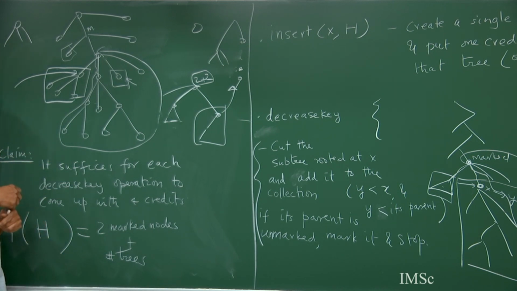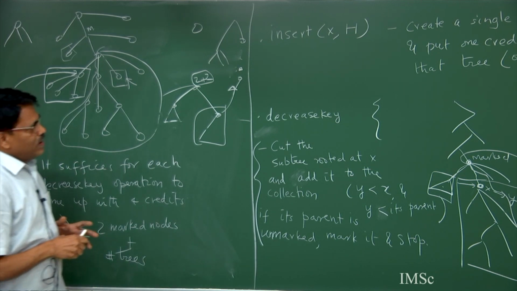Because these guys now become unmarked. So there is a 2L drop. But the number of trees increases by L. So there is a 2L drop, there is an L increase, and the actual cost is L. So everything cancels out. Okay, it's not L but L minus 1, and if you do the calculation, it will be like 4.